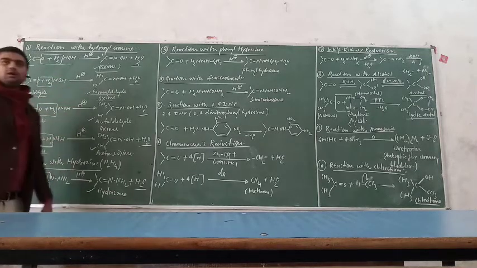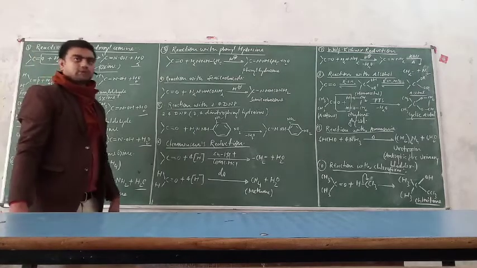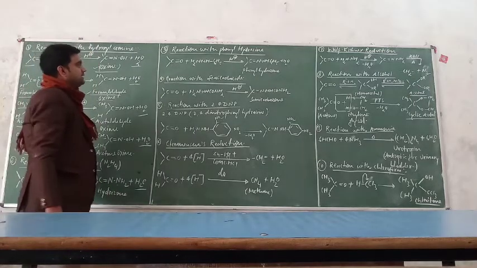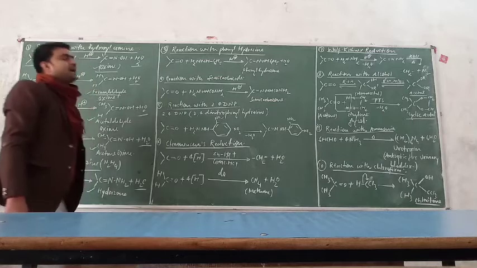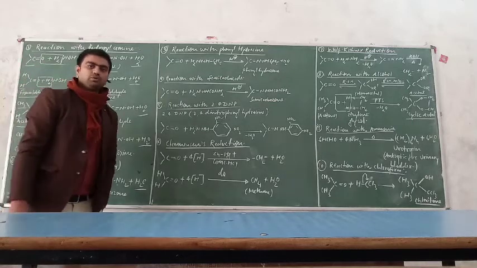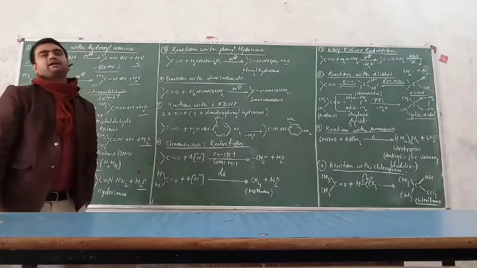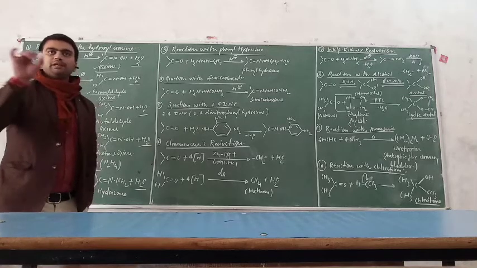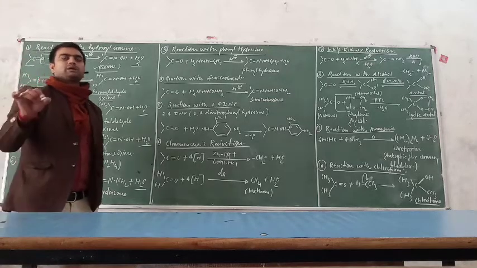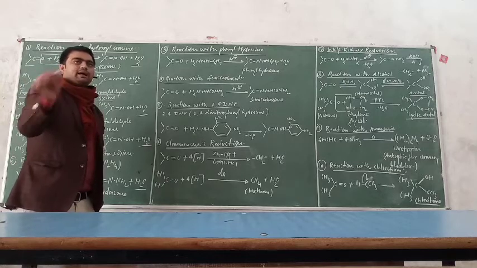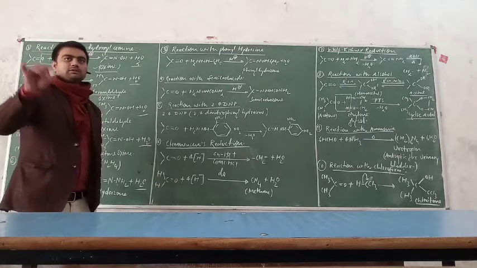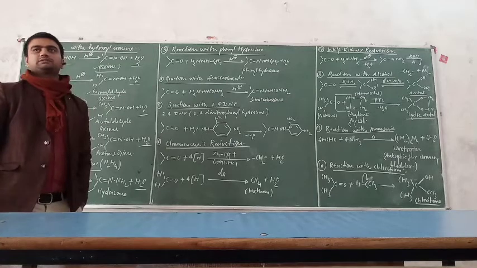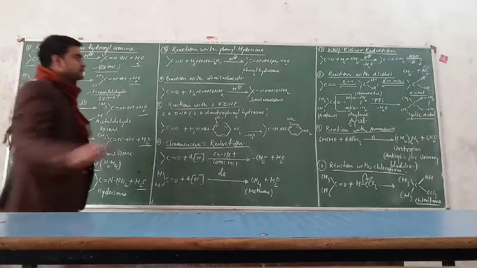Clear? Now come to the third reaction, which is the reaction with phenylhydrazine. As you know, the formula of hydrazine is NH2 single bond NH2. When we replace one of the hydrogen atoms of the NH2 and add C6H5, the corresponding product is known as phenylhydrazine.